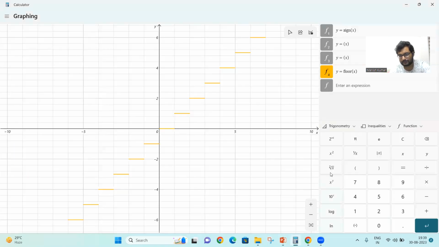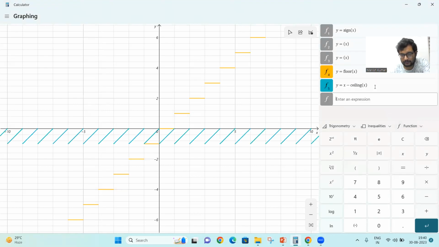See, function y equal to x minus, instead of this, I have to take the greatest integer of x.